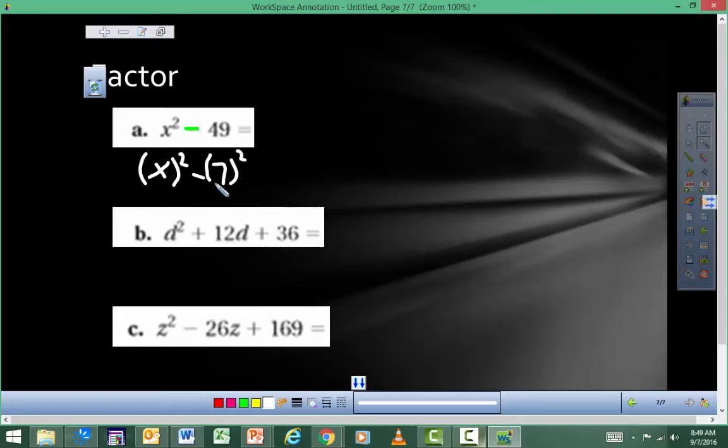And now you can see it's a difference of two squares. Okay? So this factors to the special pattern x minus 7 and x plus 7. Okay? So that's a special pattern.